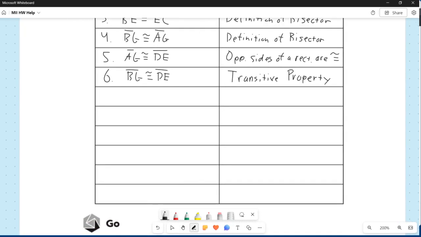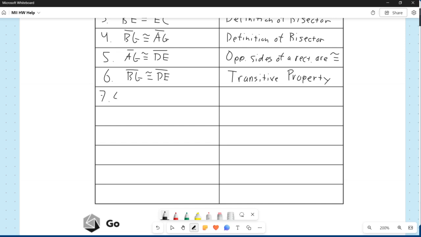So for statement 7, we know that a whole bunch of angles are congruent to each other. So all of the angles inside the rectangle are congruent to every other angle inside the rectangle because they are all right angles. So we're going to have a lot of letters here, so just bear with me.